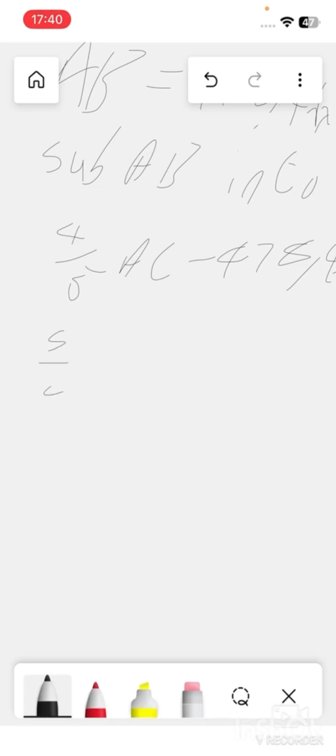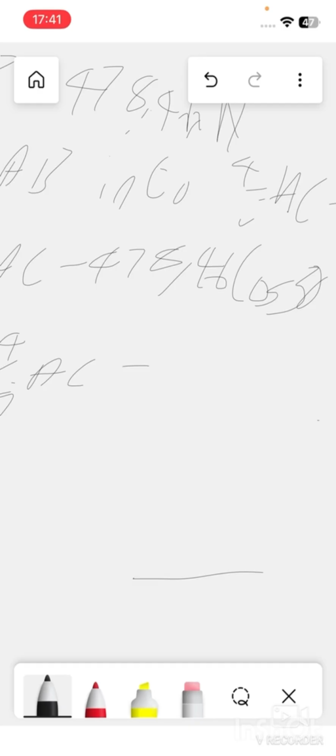Therefore, this negative 478.46 cos 30, we're going to transpose it to the other side because we want to make AC the subject of the formula. Therefore, we're going to multiply by 5 over 4 in order to have AC as our subject of the formula. Therefore, we say 5 over 4 multiplied by 4 over 5 AC.